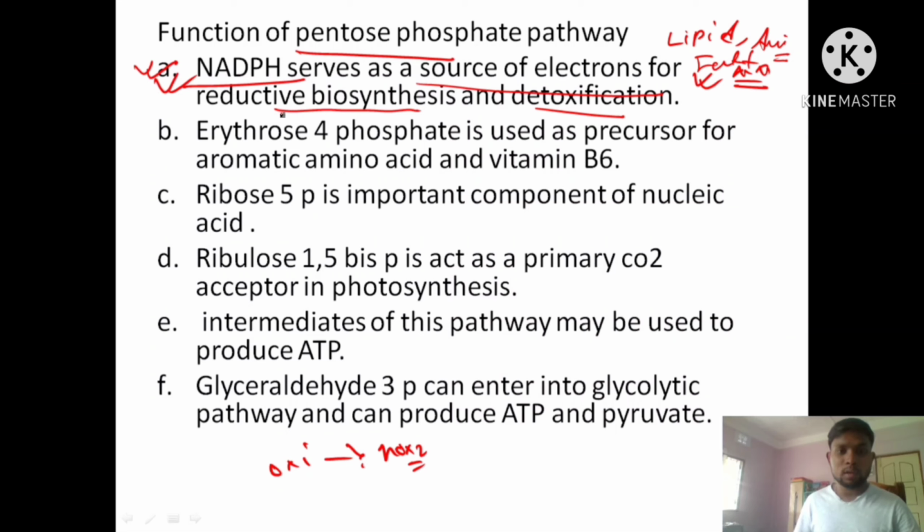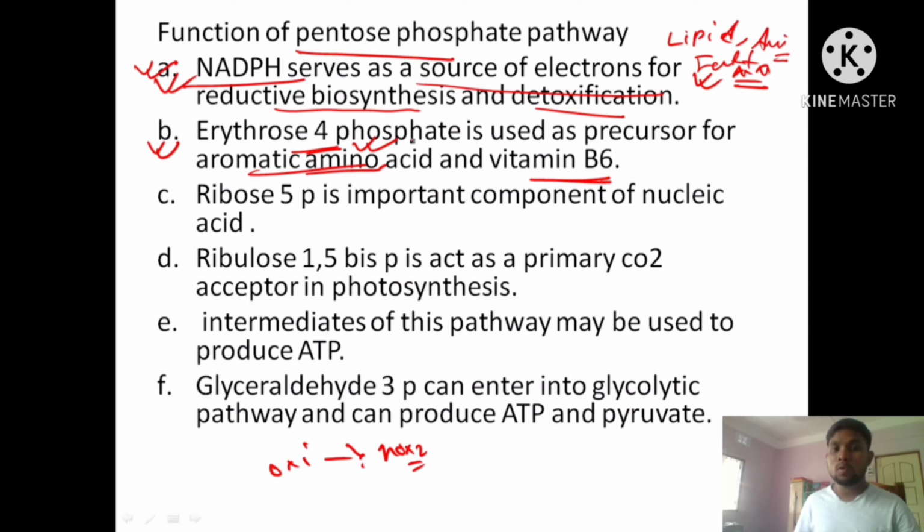So it is important. Again, erythrose 4-phosphate we have got, if you have remembered, or you can see again how we are getting erythrose 4-phosphate. This erythrose 4-phosphate is the precursor of vitamin B6 and the precursor of aromatic amino acids. So this is an intermediate compound in the pentose phosphate pathway, so it is important.